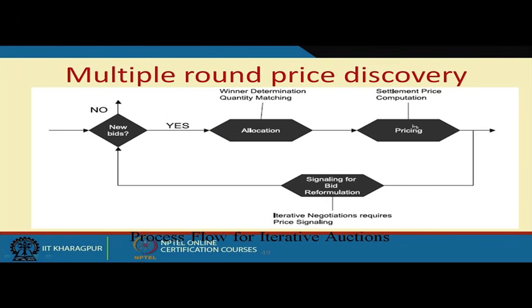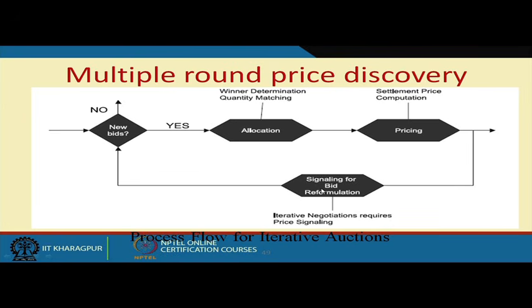So, this is a schematic diagram of multi round price discovery, where it happens in multiple rounds. The suppliers are asked to submit the bids, then after the bids arrive, allocation is decided, and the current price is published and made available to all the bidders.